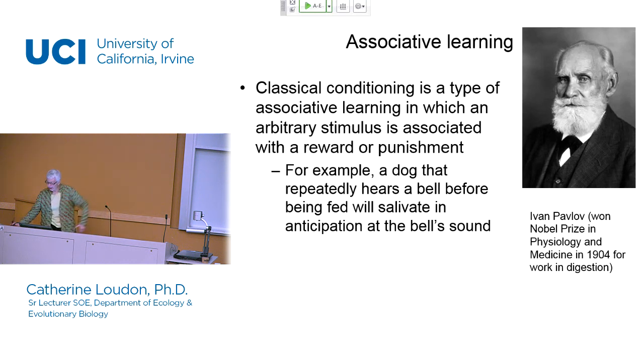This is a picture of Ivan Pavlov, who won the Nobel Prize. Now, there is no Nobel Prize given in the area of behavior. There is one in physiology and medicine, and so many of the notable behaviorists ended up winning the Nobel Prize in physiology and medicine rather than behavior, and Pavlov was no different.